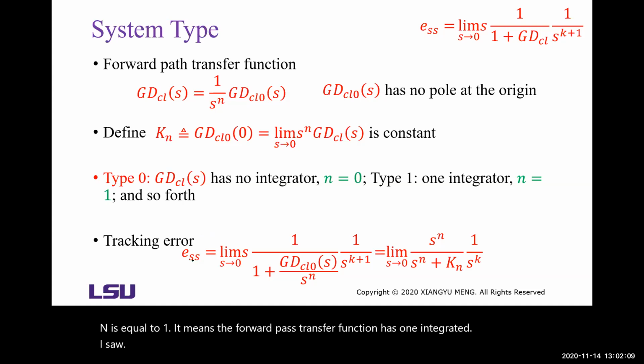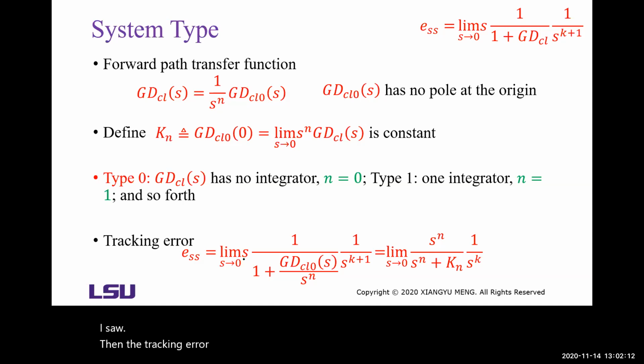Then the tracking error becomes this, from the final value theorem. Then G D(s) can be written as G D closed-loop 0(s) over s^n. Here is the input. Then we multiply s^n on both numerator and denominator and cancel one s here.